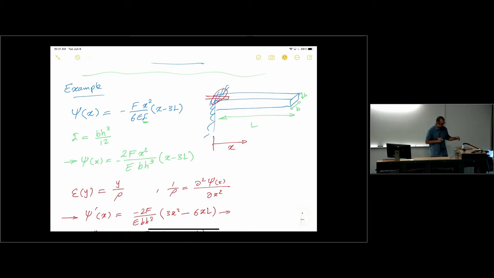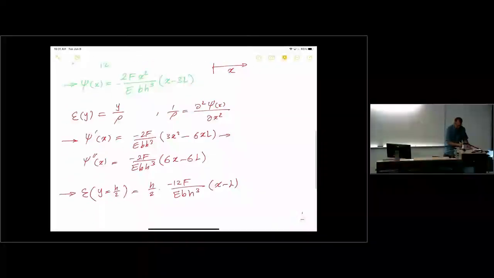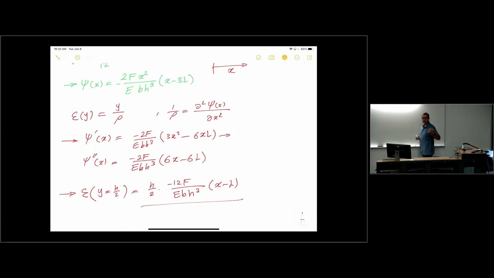If that's the case, you will see easily from this equation that the maximum strain is when x is 0. Because as x goes towards L, you get a smaller and smaller value for x minus L. You can do the same thing by taking the derivative of this. But anyway, at x equals 0, you will have the largest strain. And linearly, the strain at the surface drops all the way to the tip of the cantilever.